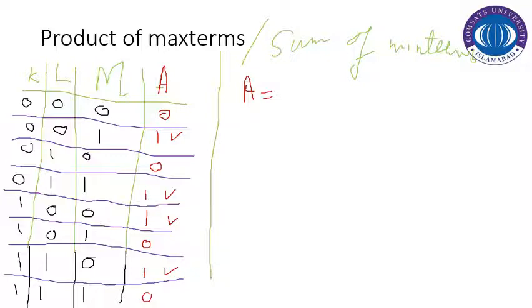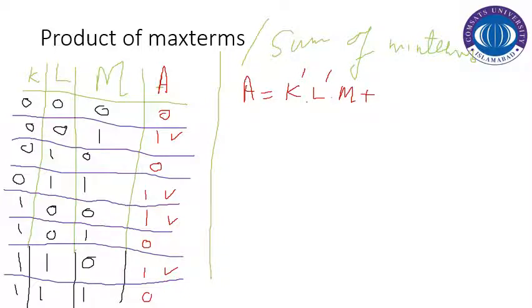So the first term is K, it's 0, so it's K prime into L prime into M. Then we have to use OR operation between the terms, so we are using plus notation.